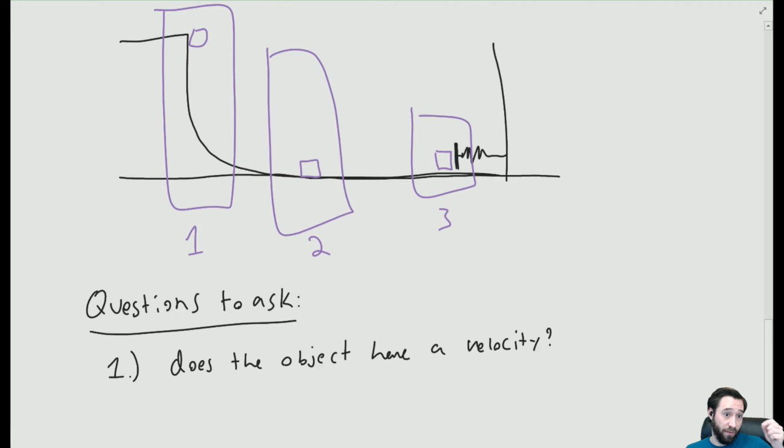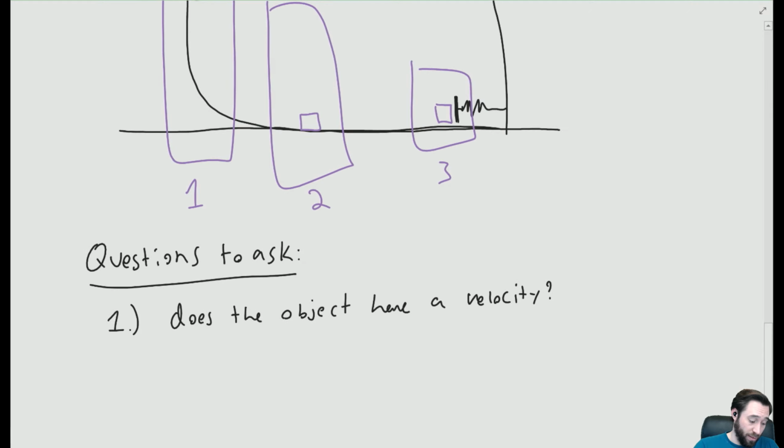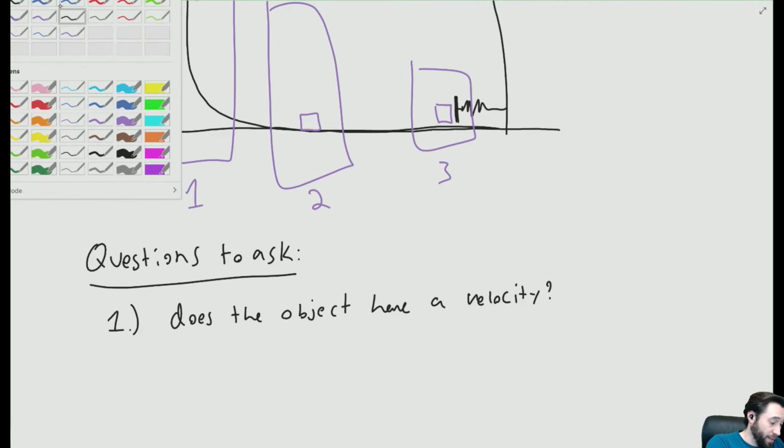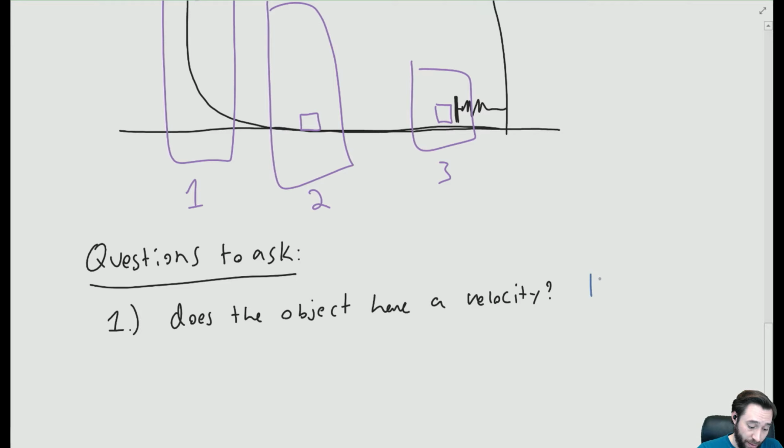The nanosecond after I let it go, it hasn't had enough time to start moving yet. So in that case, the answer would be no. So this, does the object have a velocity, is referring to kinetic energy. If the answer is yes, then you do have kinetic energy. If the answer is no, you do not have kinetic energy. Cool? So this is for kinetic.